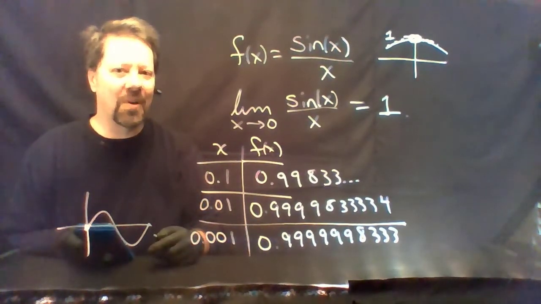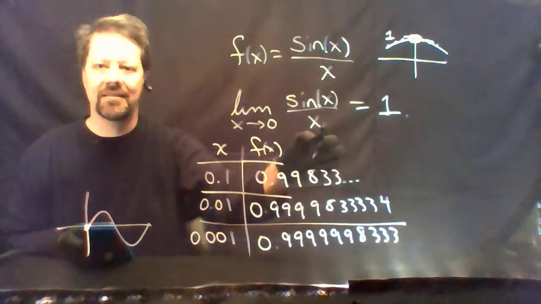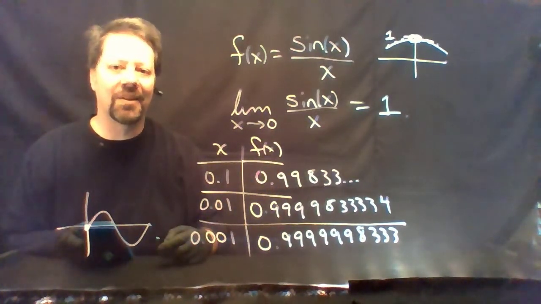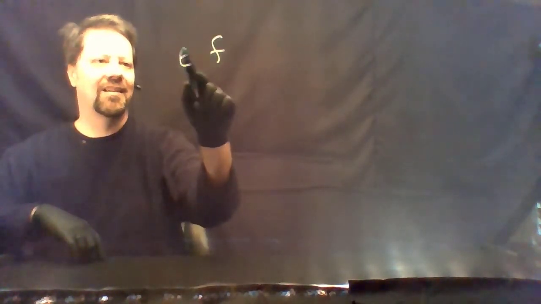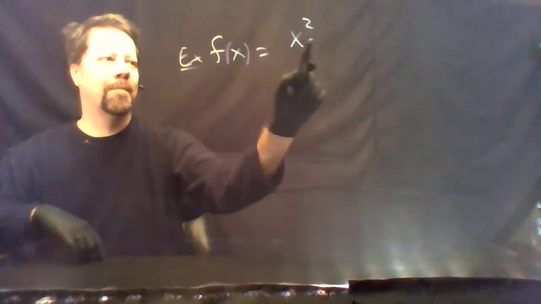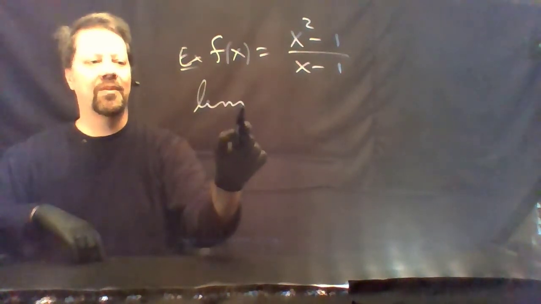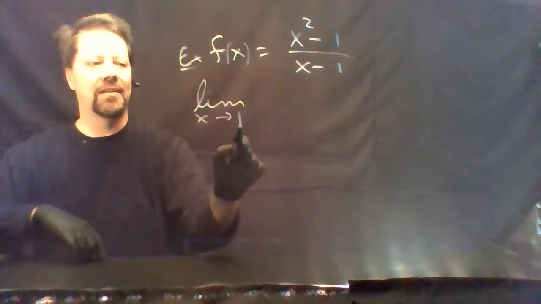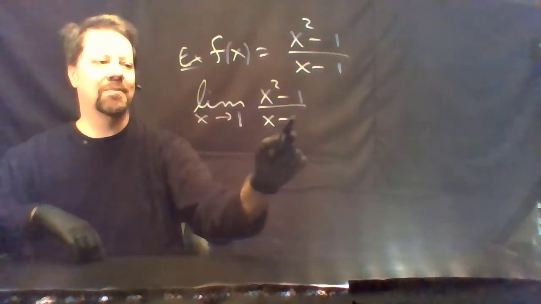So, a few important lessons to learn here. If you just plug 0 in, and you get 0 divided by 0, that means more work. I'd like to look at another example or two. I want to know, what is the limit as x goes to 1 of this function x squared minus 1 over x minus 1?